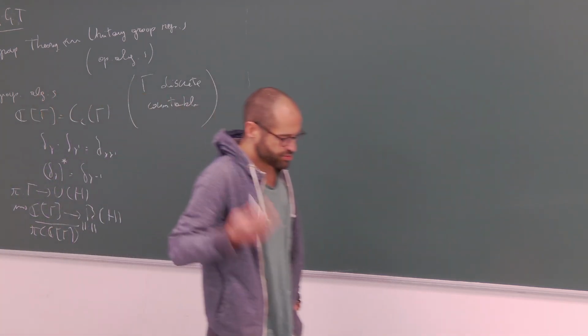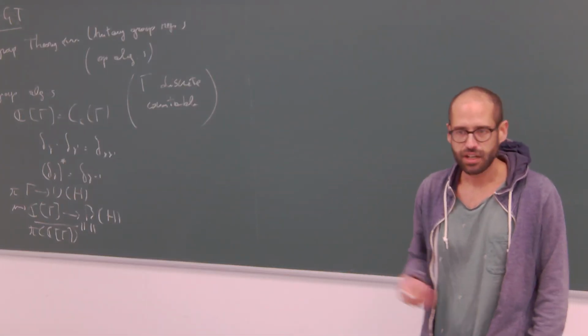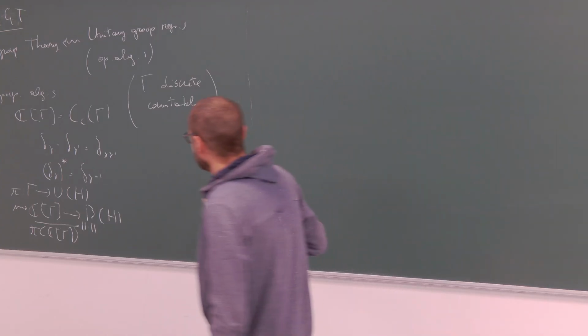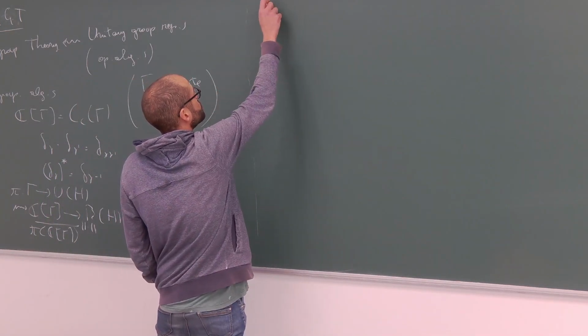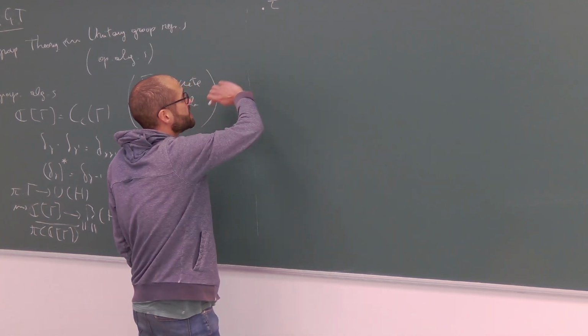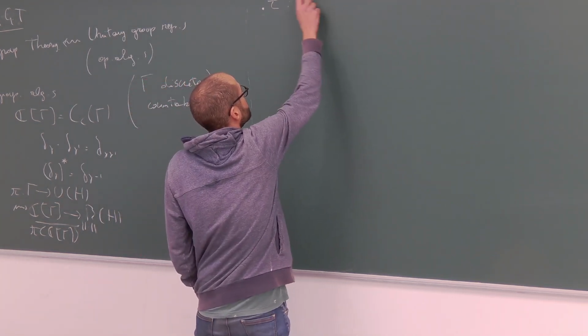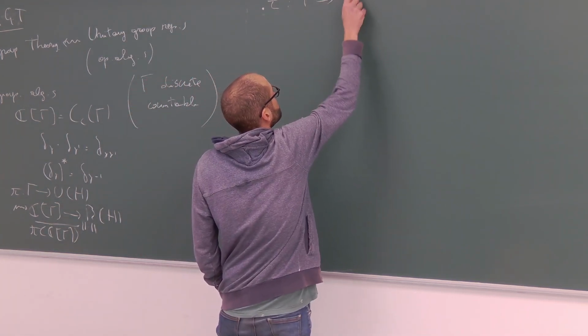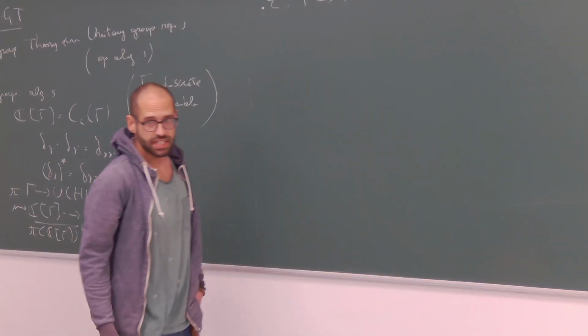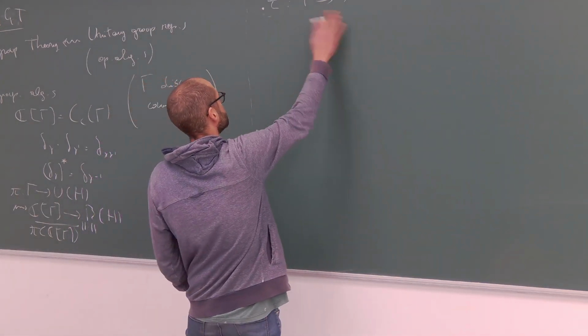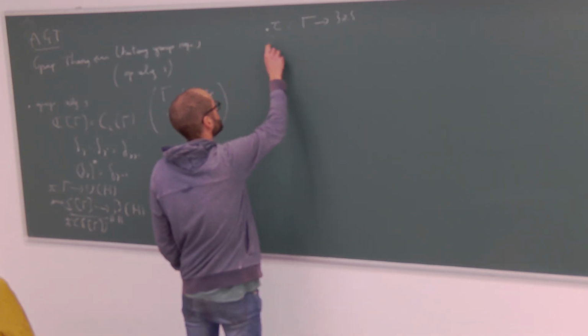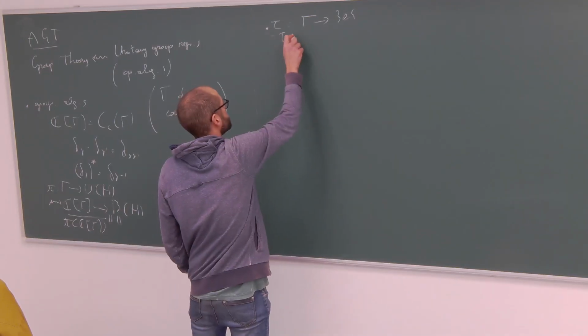So let's see if we can make a list of unitary group representations for a general group. Certainly we have the trivial representation from gamma to the trivial group, and this will give a C-star algebra that is trivial, but at least this is a representation. So this is the trivial representation.